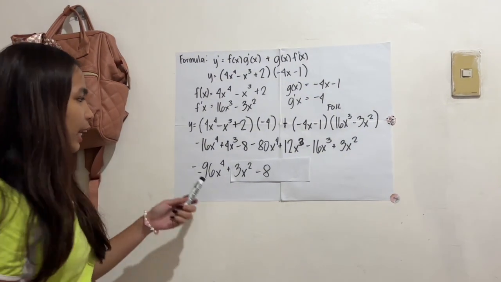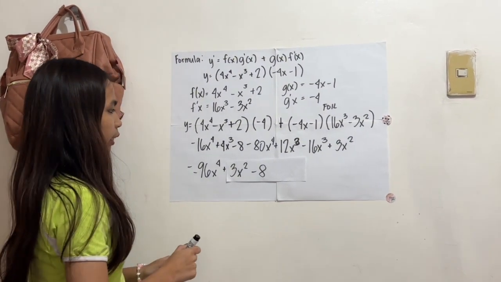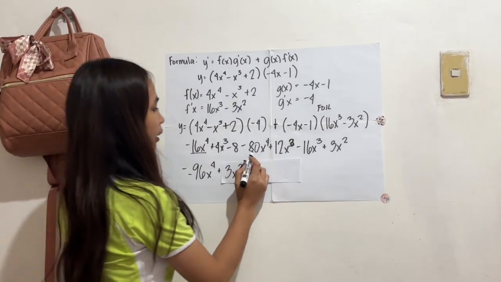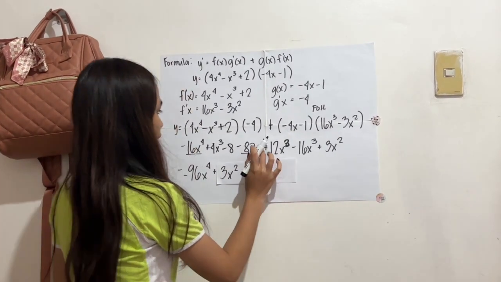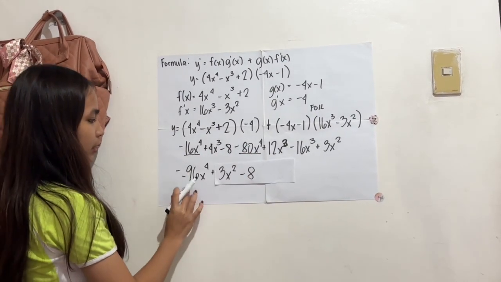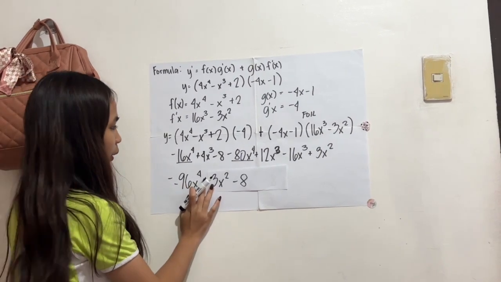Next, now after that, ipagkakombine lang natin yung mga like terms. We have the negative 16x raised to 4 and negative 80x raised to 4. Pag pinag-combine natin, magiging negative 96x raised to 4.